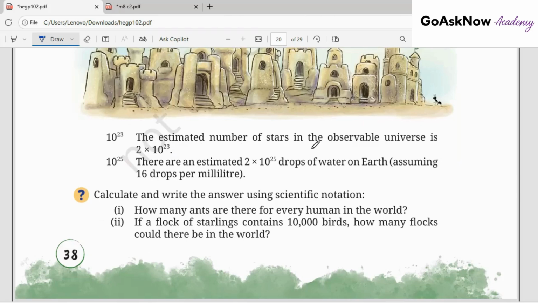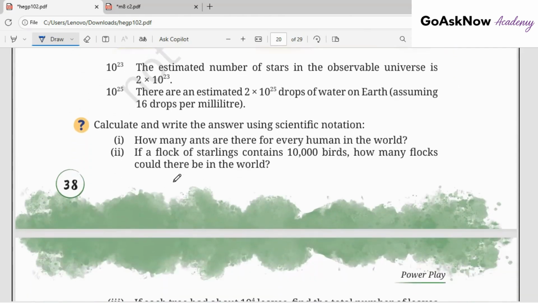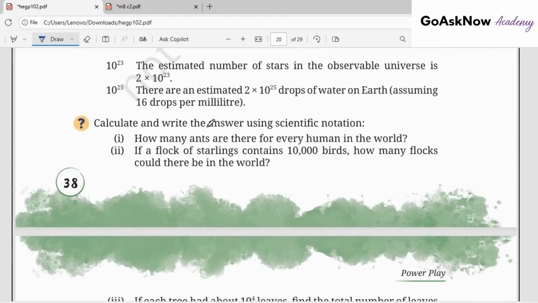The estimated number of stars in the observable universe is 2 into 10 power 23. 10 power 25. There are an estimated 2 into 10 power 25 drops of water on earth, assuming 16 drops per milliliter. Now calculate and write the answer using scientific notation.